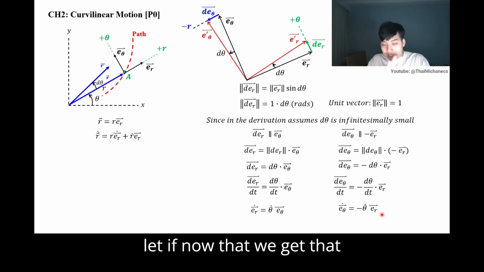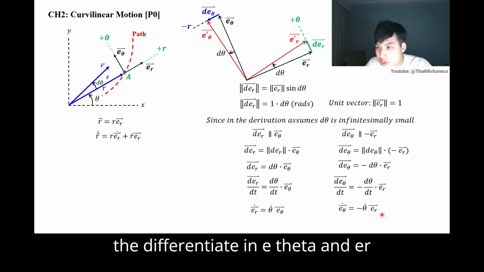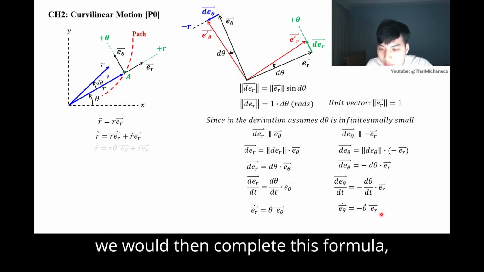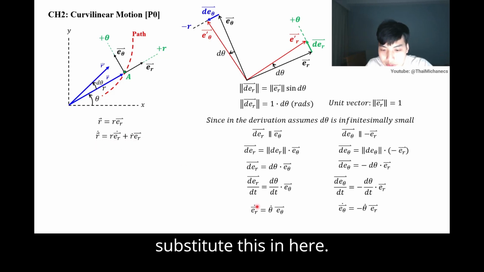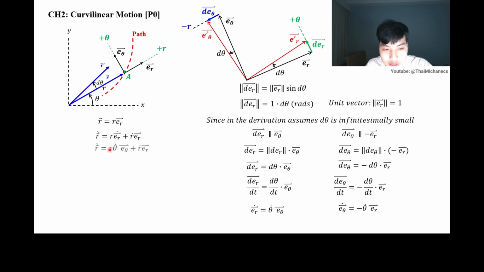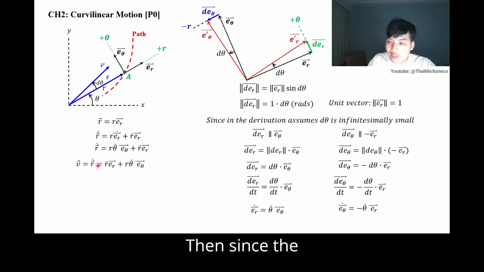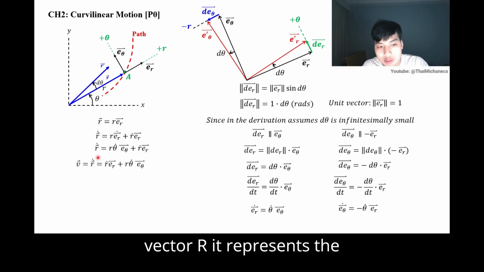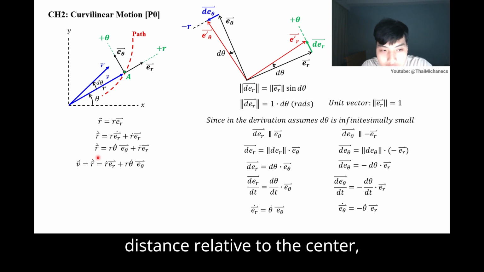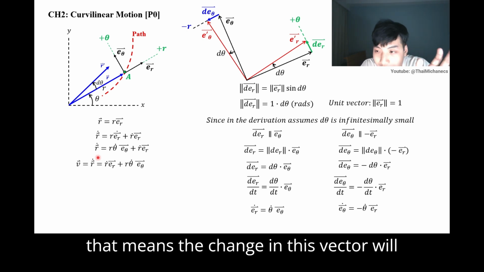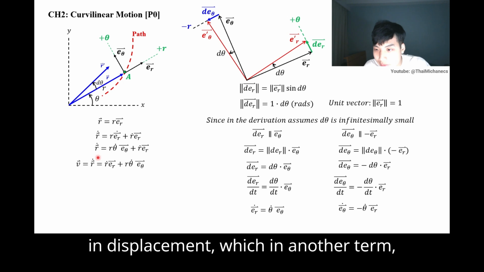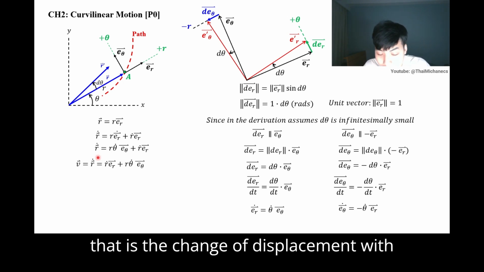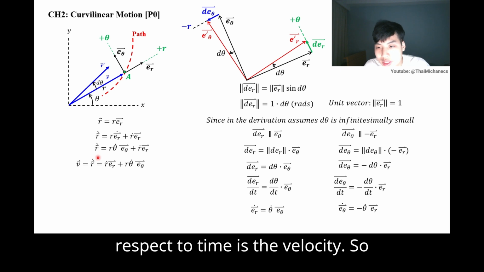Now that we have the derivatives of e theta and er, we can complete this equation. We substitute this in here, and we get this expression. Since the vector r represents the distance relative to the center, the change in this vector results in a change in displacement, and the change of displacement with respect to time is the velocity.